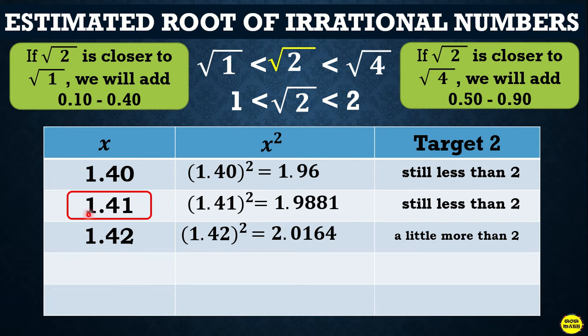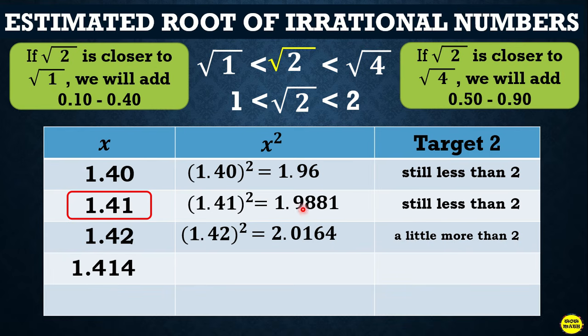So, mag-a-add tayo ng 1.411, 1.412, 1.413. Pero since malapit na siya, nasa 9 na siya, ibig sabihin, itry natin ang 1.414 na agad. Huwag na tayong dumaan dun sa 411, 412, 413. So, diretso na tayo sa 1.414.